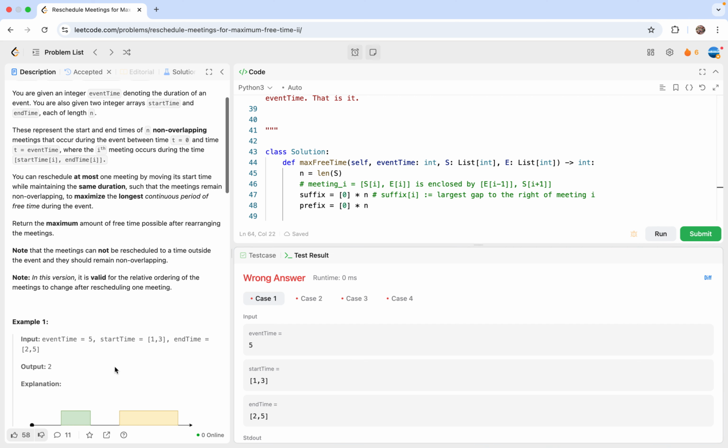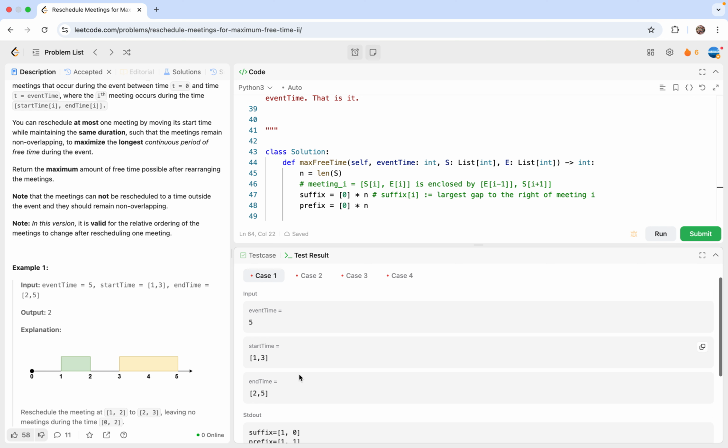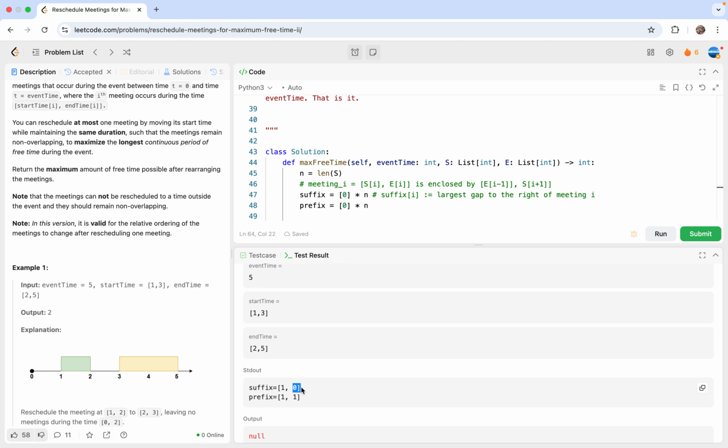So if you look at example 1, this meeting to the right, because we have 5, so any time is 5. 5 minus 5 will be 0. So you get 0. And then if you look at this meeting to the right, this is the 1, and 2 and 3 minus 2, that is 1. And among 0 and 1, the larger is 1. So we get 1 here.